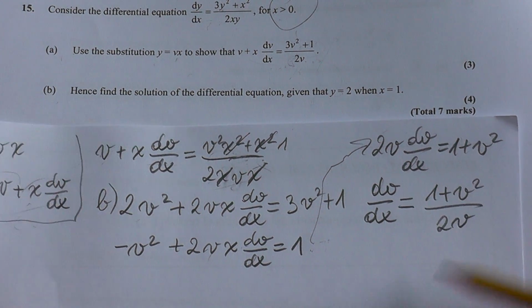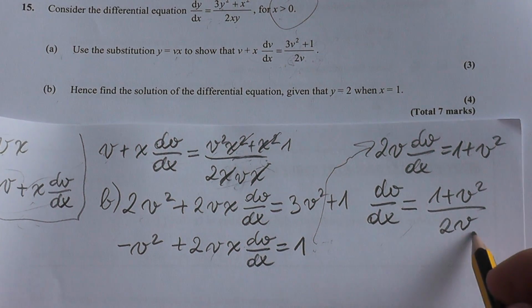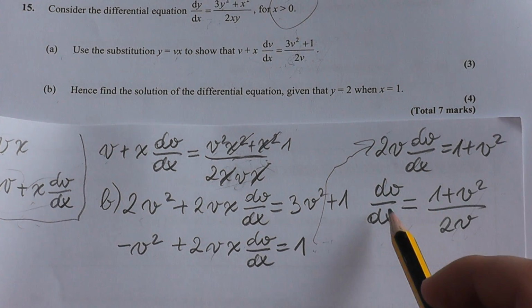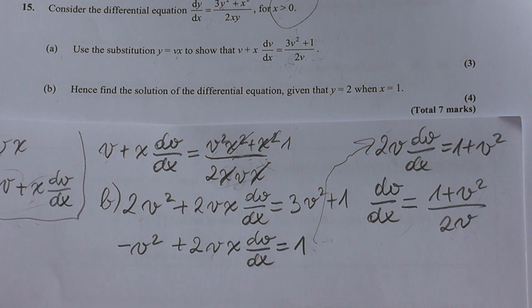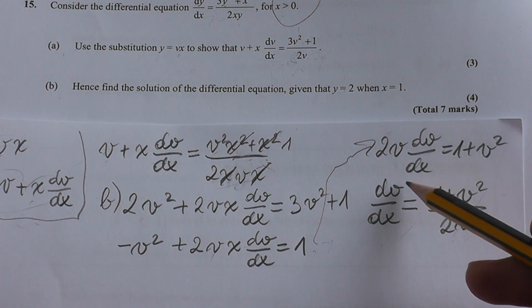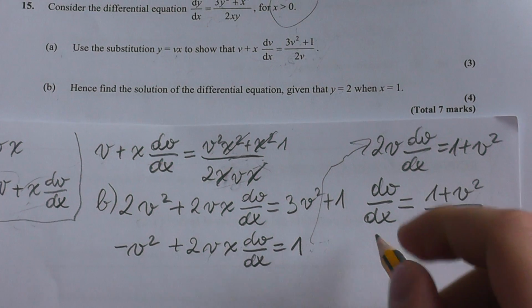And now we have to separate the variables here. Actually, we're going to have to flip the whole thing over. So we have to divide by dv.